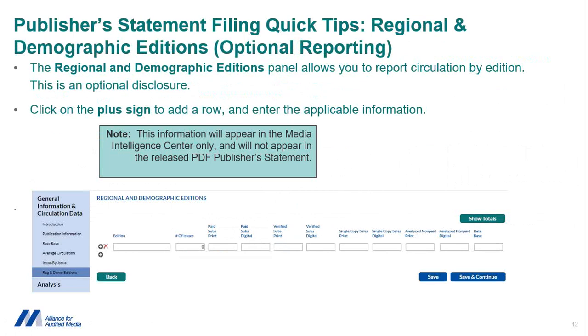They are available, but in our database, in our Media Intelligence Center. This section happens to be one of them. So your regional demographic information, you will not see on your printed document. Instead, it will be housed in the Media Intelligence Center. And as we go through, I will highlight the other paragraphs that are just housed in our Media Intelligence Center.